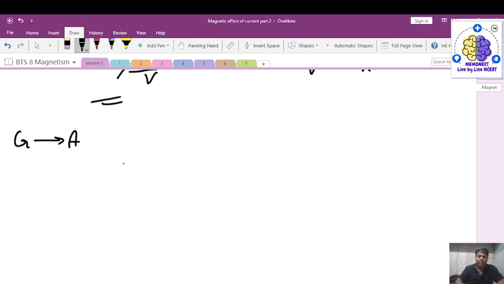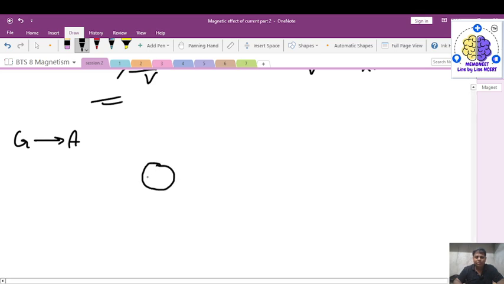The circuit diagram: suppose this is the galvanometer, and these are its two terminals. If we connect a very small resistance in parallel to the galvanometer, known as a shunt, represented by S, then this combination will work as an ammeter for us.